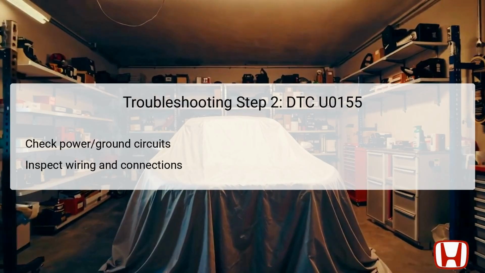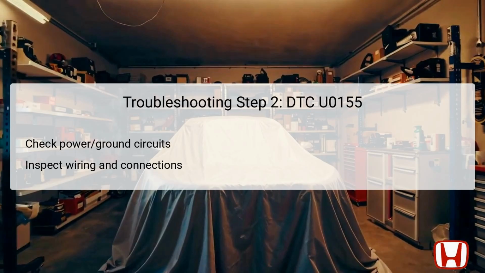After confirming ongoing issues, the next focus is to check the power and ground circuits connected to the Gauge Control Module. This is essential because any failure within these circuits can prevent the GCM from receiving the necessary power to function. Inspect connections for corrosion, damage, or loose fittings, as these can affect electrical continuity.